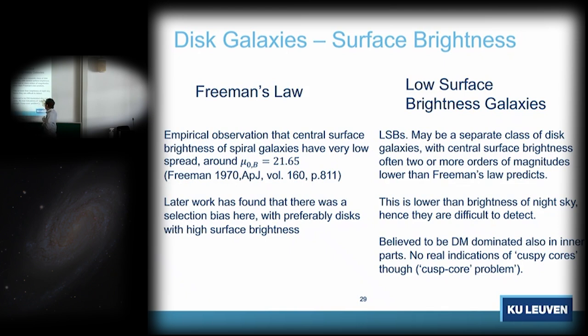And so far, the last I checked, I should say, there seemed to be no indications that we really had these type of cuspy cores that are predicted by the dark matter halo simulations. So this seems to remain an issue in the standard model.